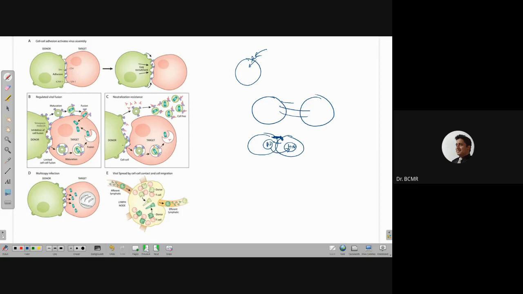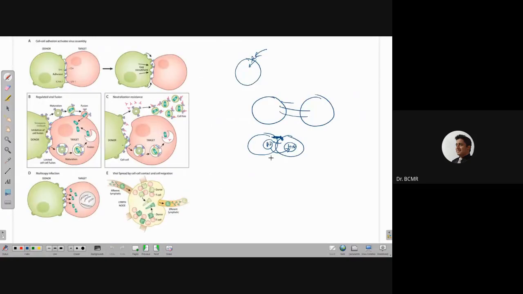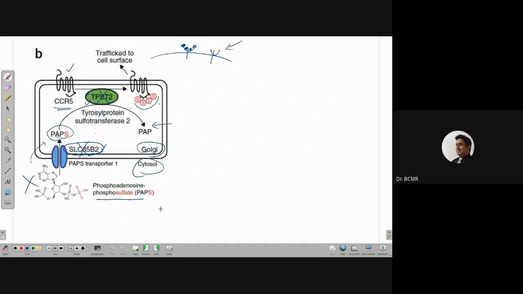So what these people have found is if this particular gene Alcam is not present, then the clustering of the cells is minimized, because of which the HIV spread from cell to cell is prohibited. Okay. So there are several mechanisms you can study if you want to.